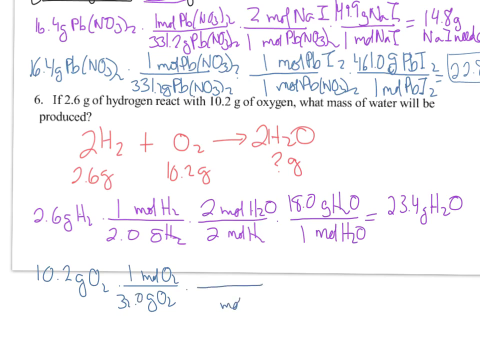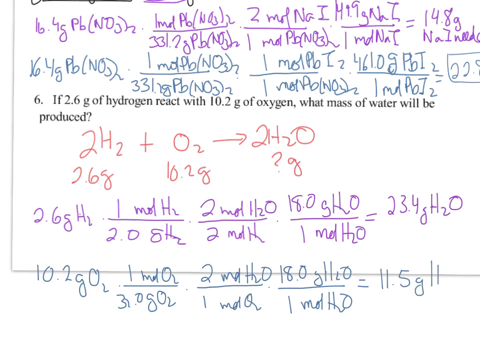Next, I'm going to go from moles of O2 to moles of water. My molar ratio is 2 to 1. Next, I'll go from moles of water to grams of water. Again, 1 mole is 18.0 grams. Plug that in, you get 11.5 grams of H2O.